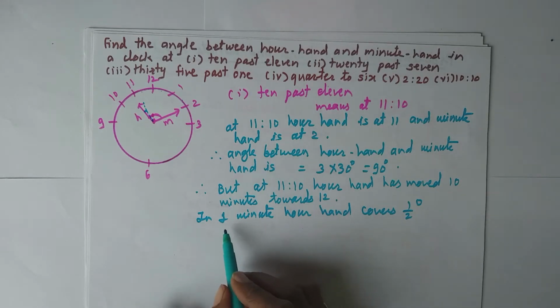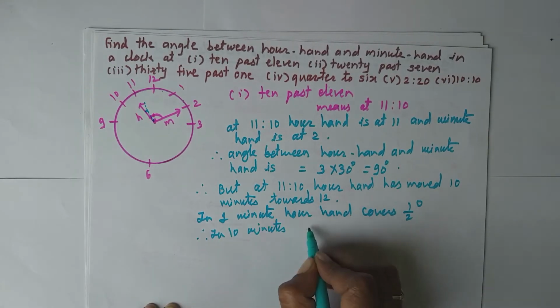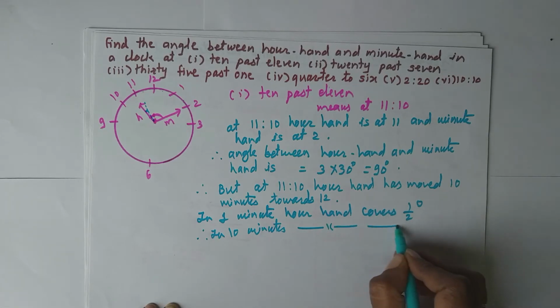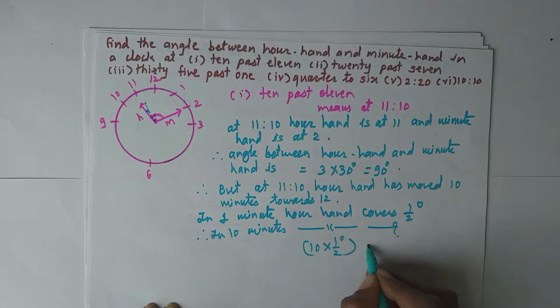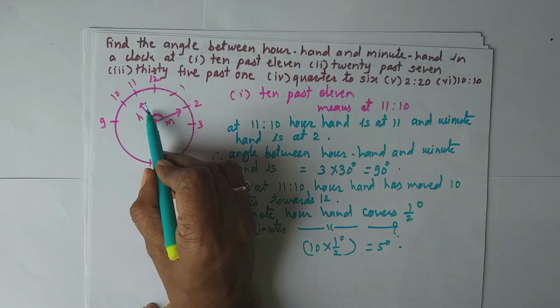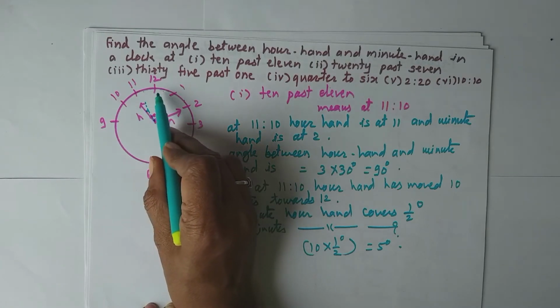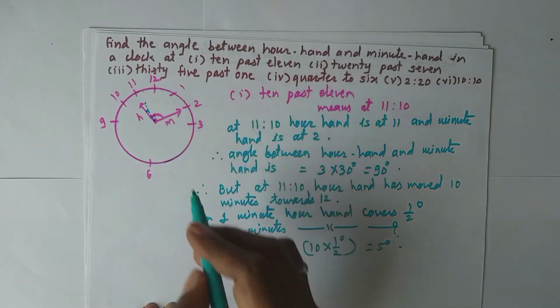Therefore, in 1 minute, the hour hand moves half degree. Therefore, in 10 minutes, how many degrees does the hour hand move? You write down 10 multiplied by half, which is nothing but 5 degrees. Means the hour hand has moved 5 degrees towards 12, so I have to subtract this 5 degrees from this 90 degrees.